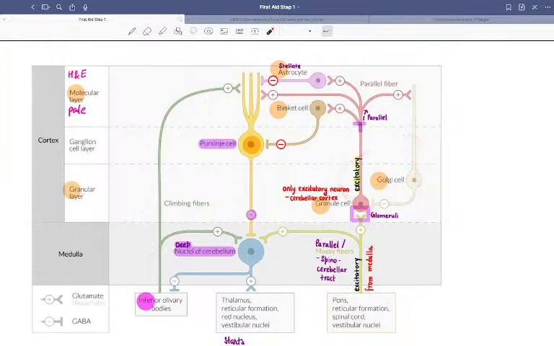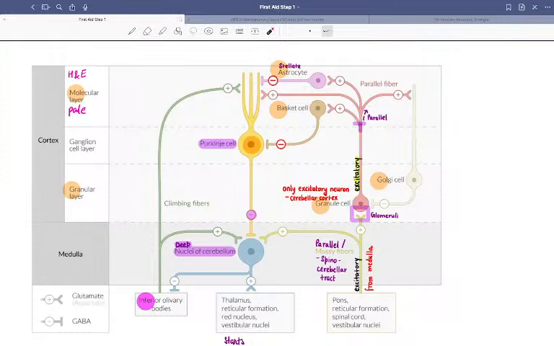Golgi is just a feedback loop: if there are too many parallel fibers, it goes and inhibits the granule cells, which form the parallel fibers. And here also there is a feedback loop. If the inferior olivary nucleus is stimulating this too much, it goes and directly inhibits the Purkinje cells also, similar to those stellate cells.